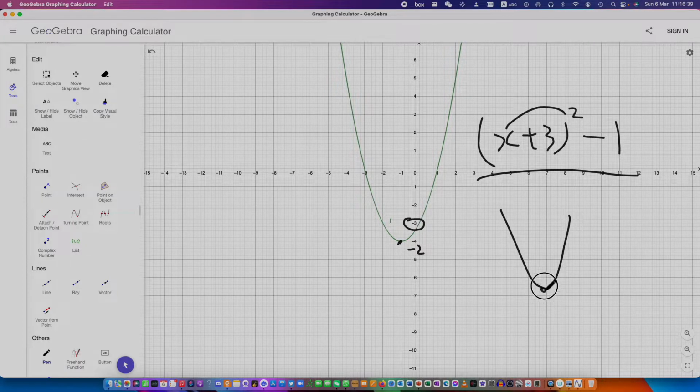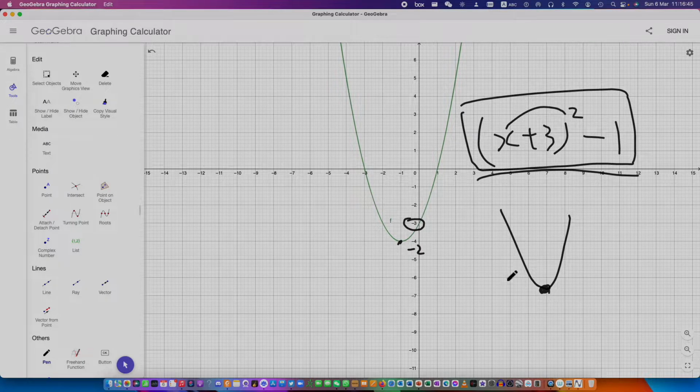So you are going to get your minimum point. So what is the minimum value out of this? The minimum value will be negative 1. That's the minimum point. Does it make sense?